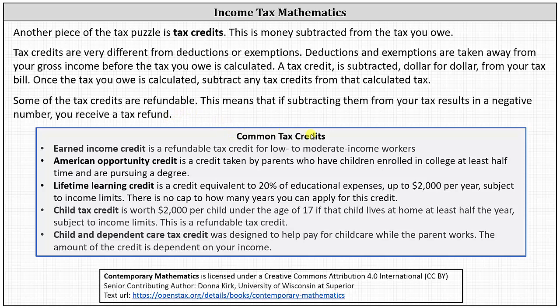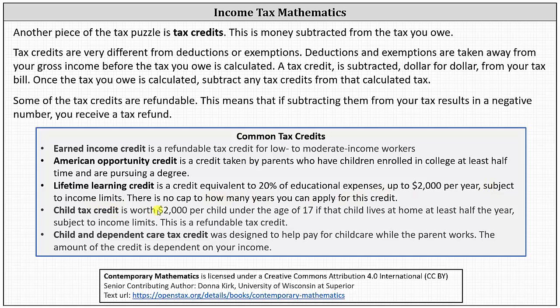And here are some common tax credits. Earned income credit, which is a refundable tax credit for low to moderate income workers. American Opportunity Credit is a credit taken by parents who have children enrolled in college at least half-time and are pursuing a degree. A Lifetime Learning Credit is a credit equivalent to 20% of educational expenses, up to $2,000 per year, subject to income limits.